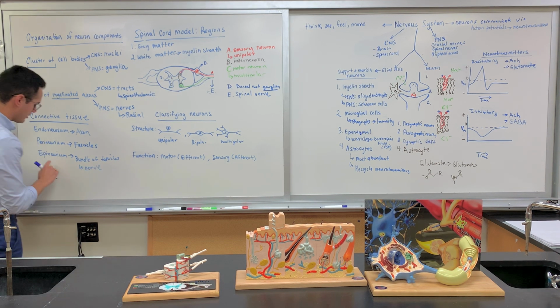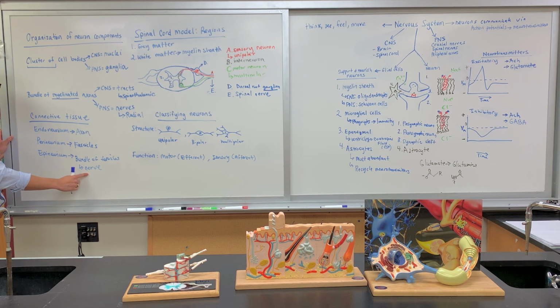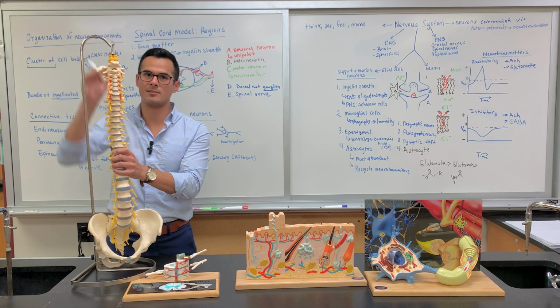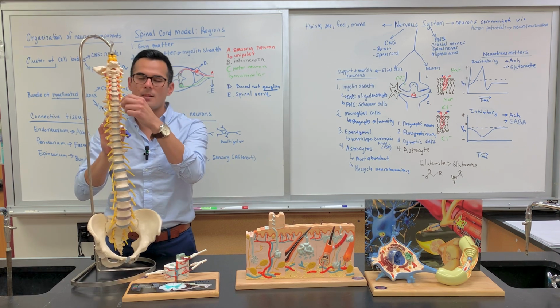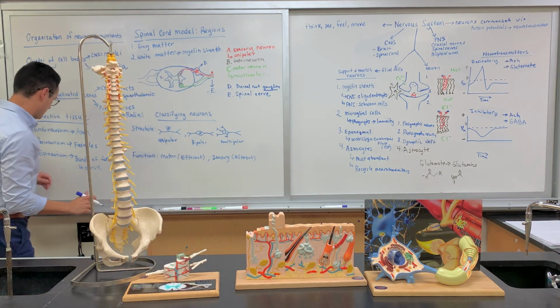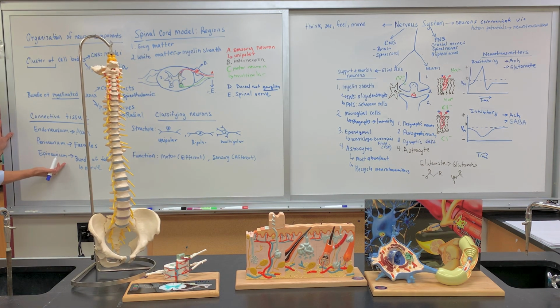This is the part, the epineurium, that covers the nerve. So earlier, I showed you the spinal nerves that are coming out through here. The part that's wrapping around it would be the epineurium.